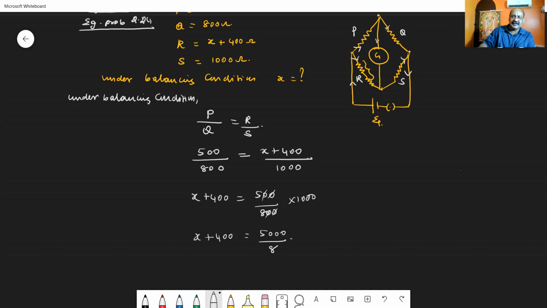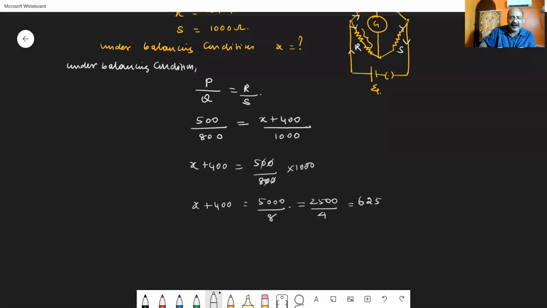On simplifying this, you can write like this, 2500 divided by 4, or when you are dividing, 6 4s are 24. So X plus 400 is equal to 625. So what is the value of X? 625 minus 400. So the value of X is equal to 225 ohm as the answer.